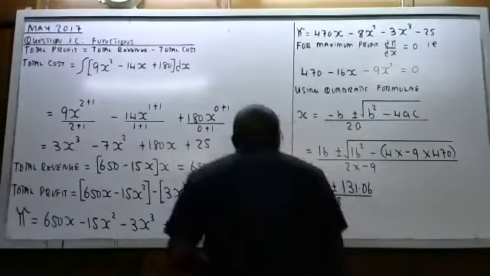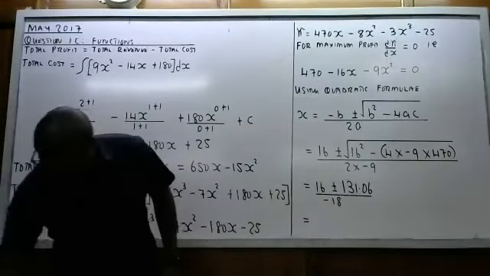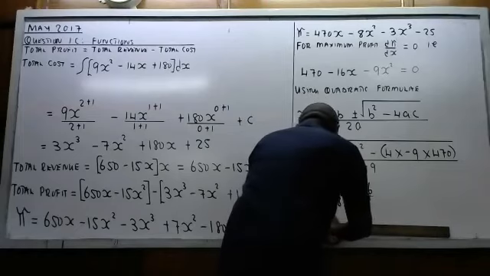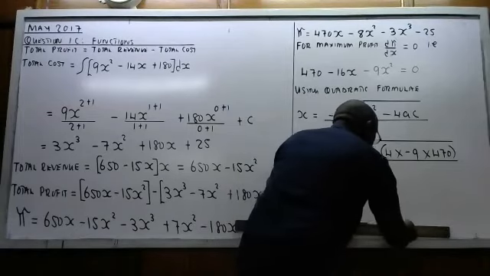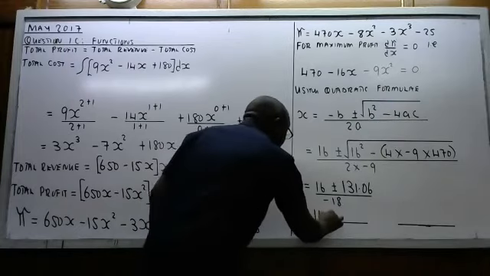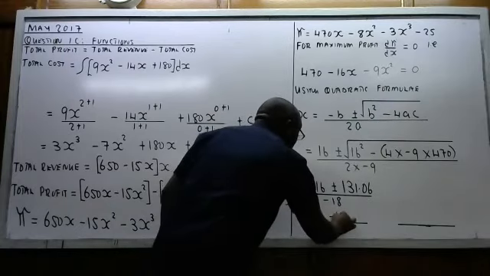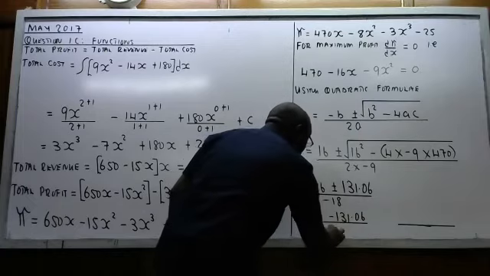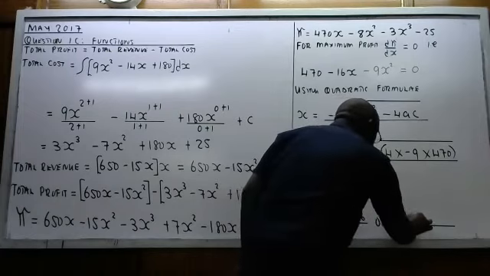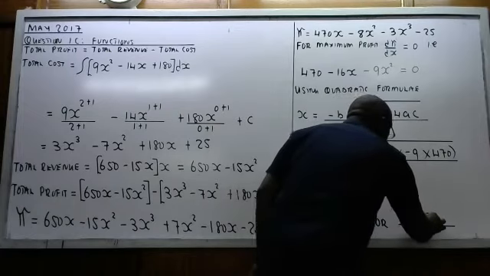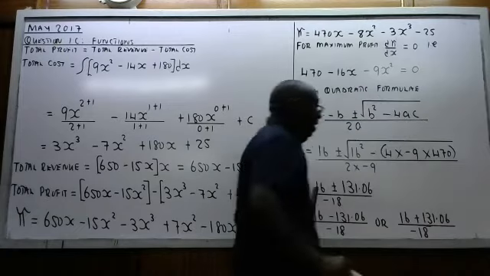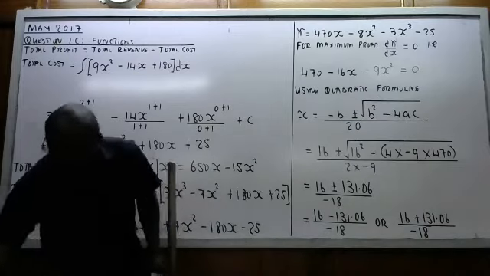Alice confirms. So now it will be 16 minus 1.1.06 you divide by minus 18, or 16 plus 1.1.06 you divide by minus 18.